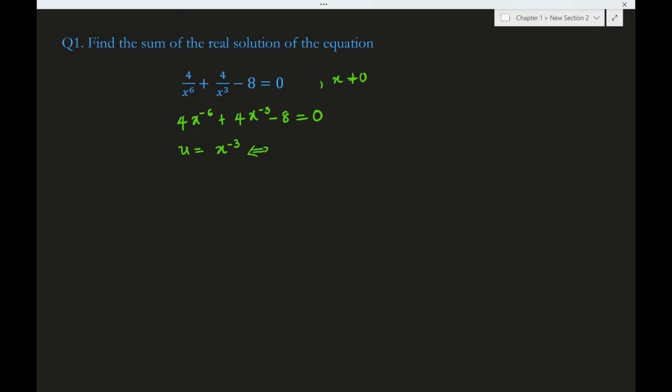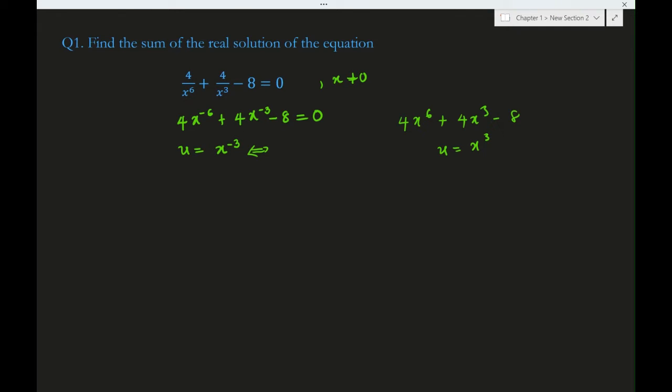When you have positive powers, it's better you take the lowest power. For example, if you have x cubed and x to the power 6, you let u be the smallest power, which is x to the power 3.